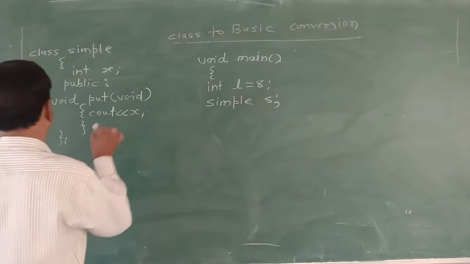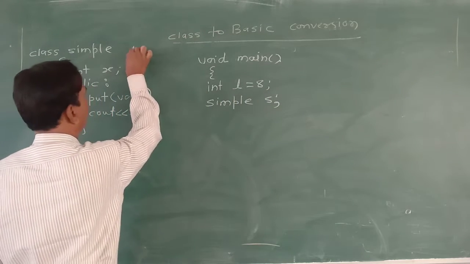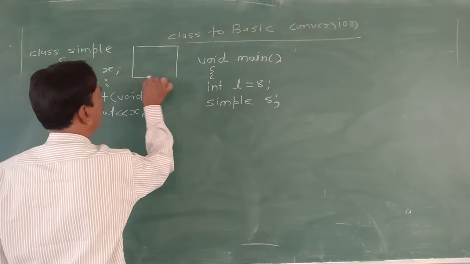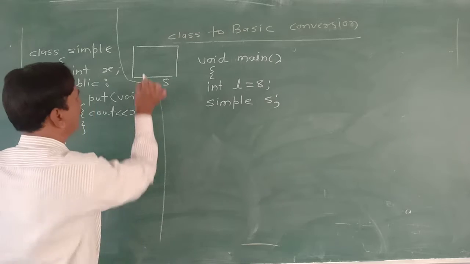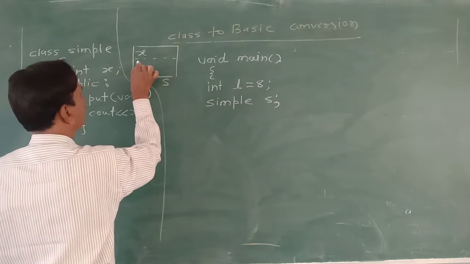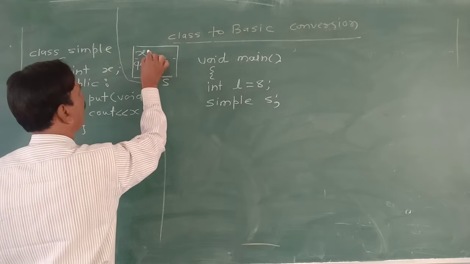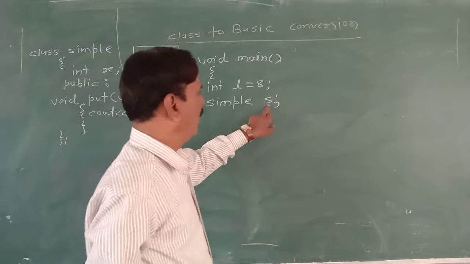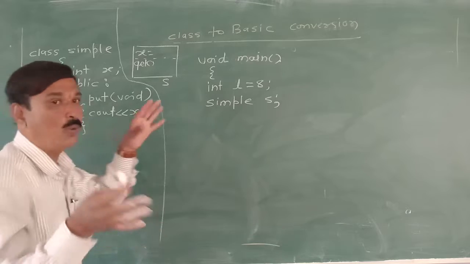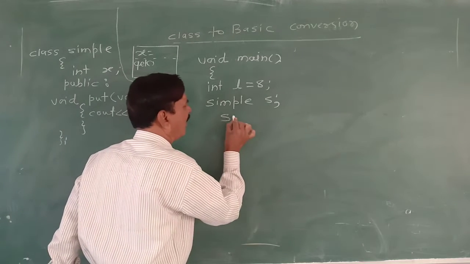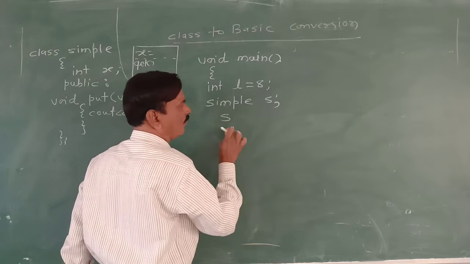So object s is created, in which there is the x data member and a get function. But x is not initialized, because there is no function which will initialize x.